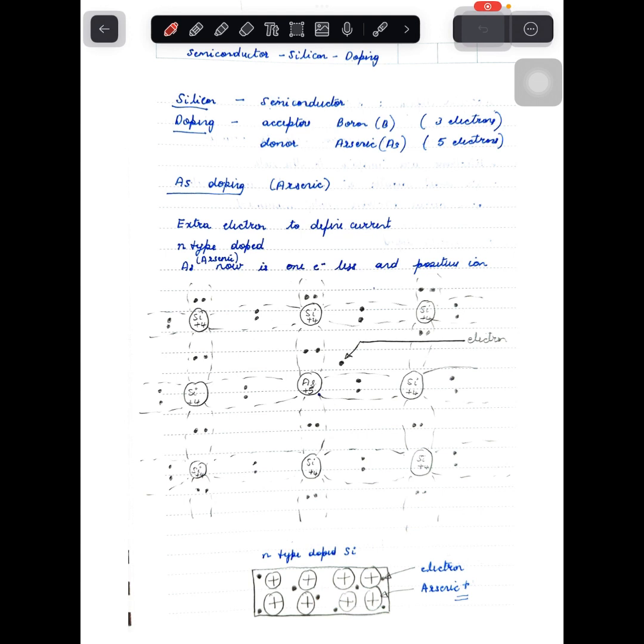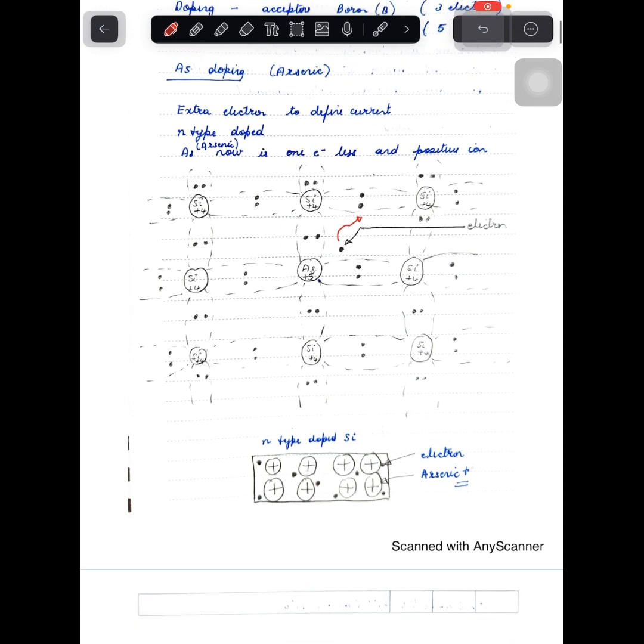The electrons are the majority charge carriers in N-type doped silicon. These electrons are free to move. Once this electron moves away, arsenic has a 1 electron shortage. It has more protons than electrons, and now we can call it an arsenic positive ion, which is shown here.